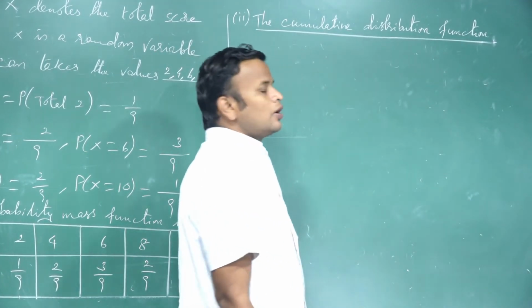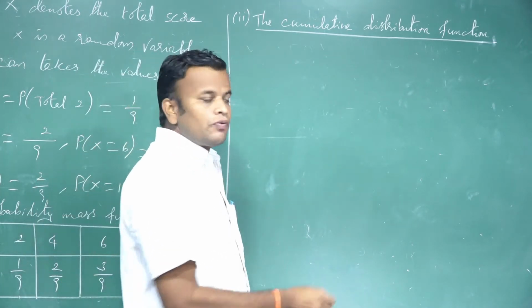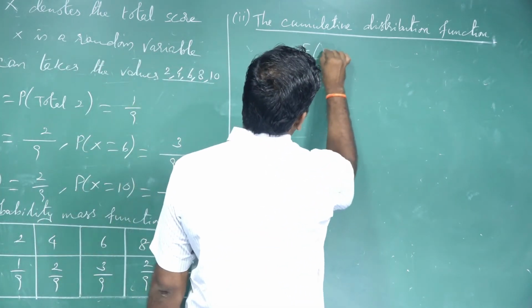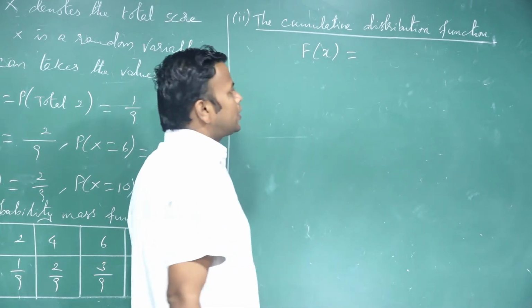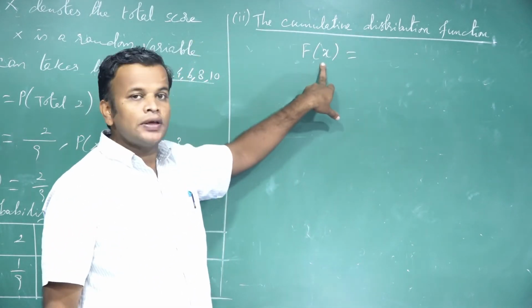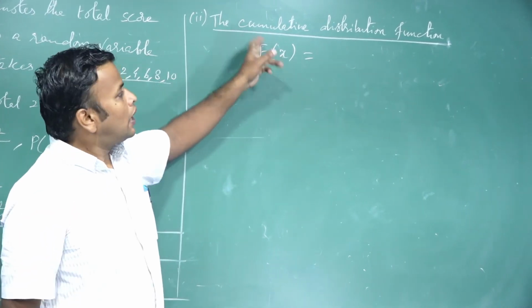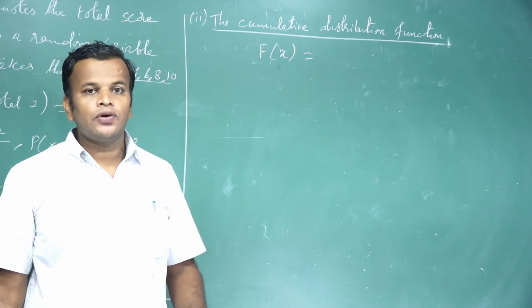First we write the formula. The symbol of the cumulative distribution function is a capital letter F of x. It's important. The symbol of the probability mass function is a small letter f of x. And then we write the formula of capital F of x.